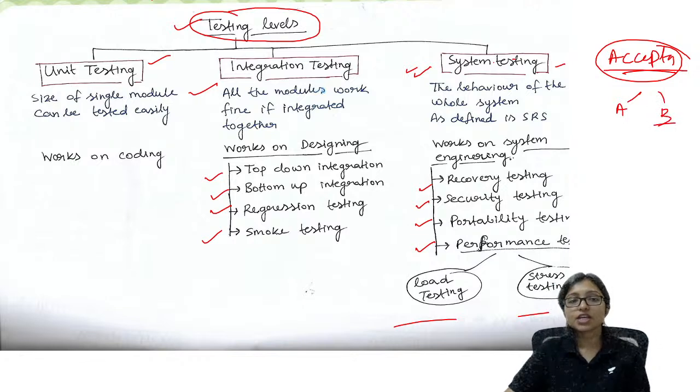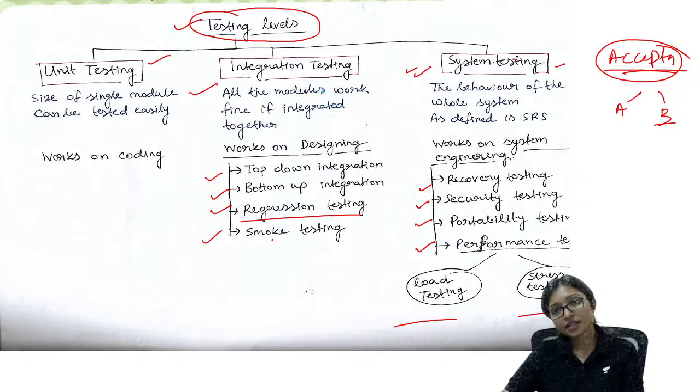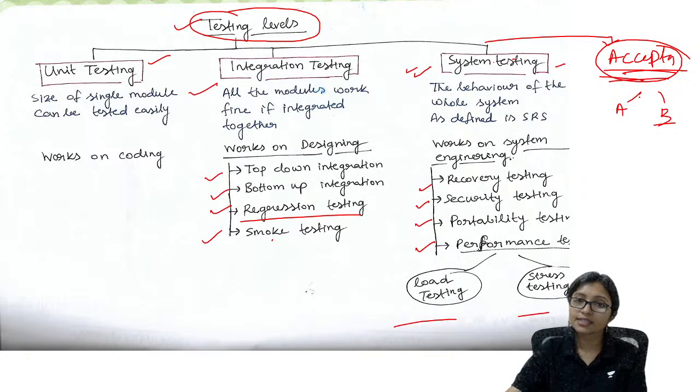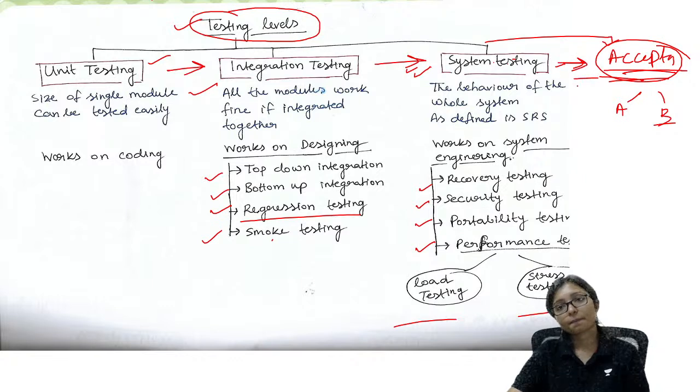But regression comes under integration. Got it? Acceptance testing after system testing is another level, next to the system. Unit, then integration, then system, then acceptance. Under acceptance, alpha testing and beta testing.